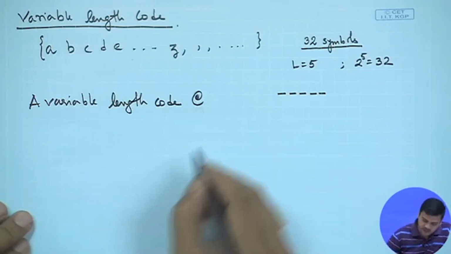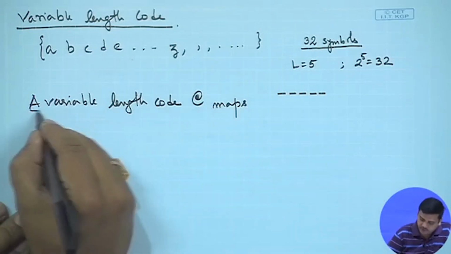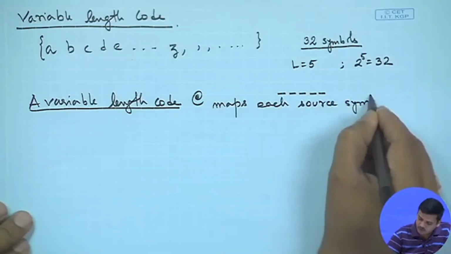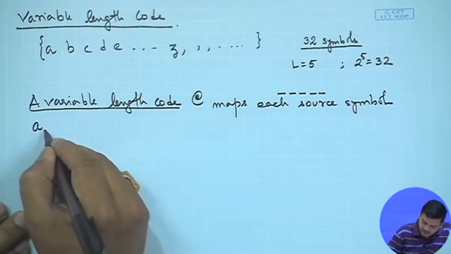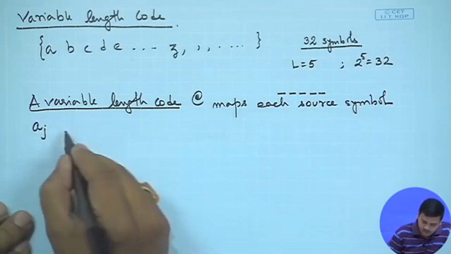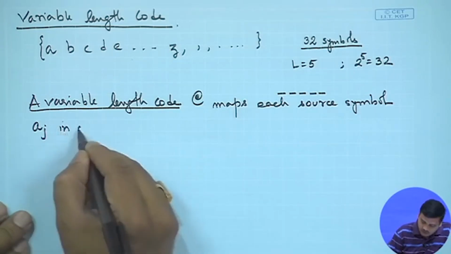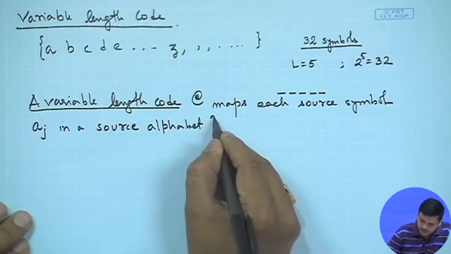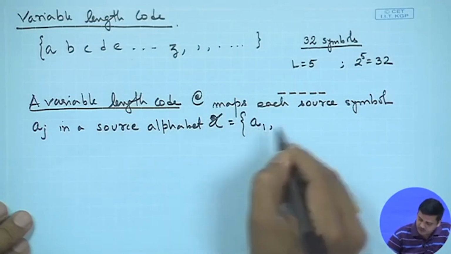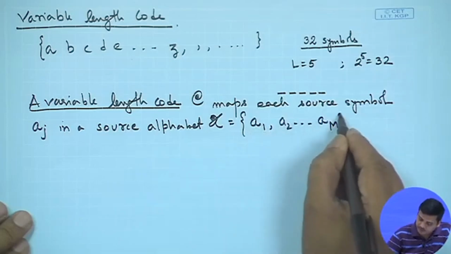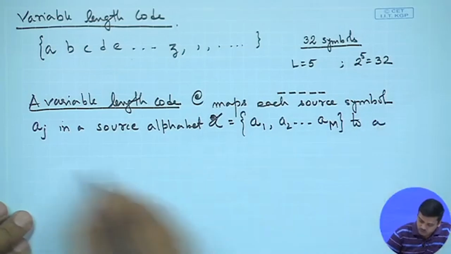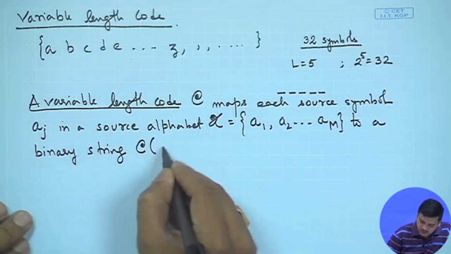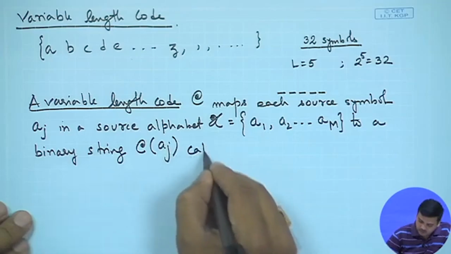Let us say we put C, which maps, similar to the definition we gave for the fixed length code, each source symbol, let us say we call it A sub j, in a source alphabet X, which contains A1, A2 up to AM, to a binary string C of A_j called a code word.